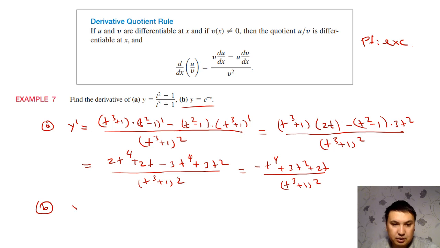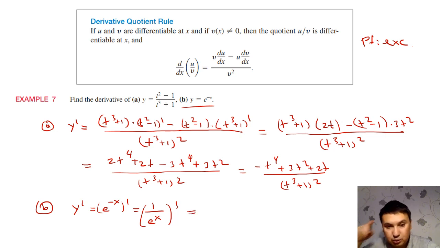We'd like to take the derivative of e to the minus x. Well, how do we do it? We can first rewrite it as a quotient, 1 over e to the x, and then take the derivative. So 1 is my function in the numerator, e to the x is my function in the denominator.